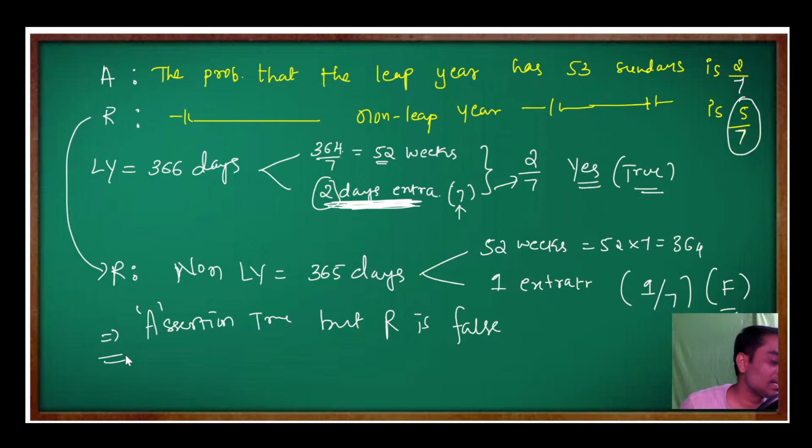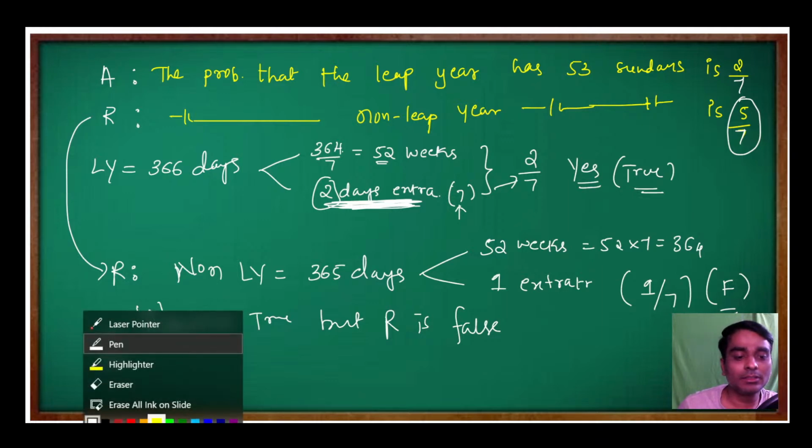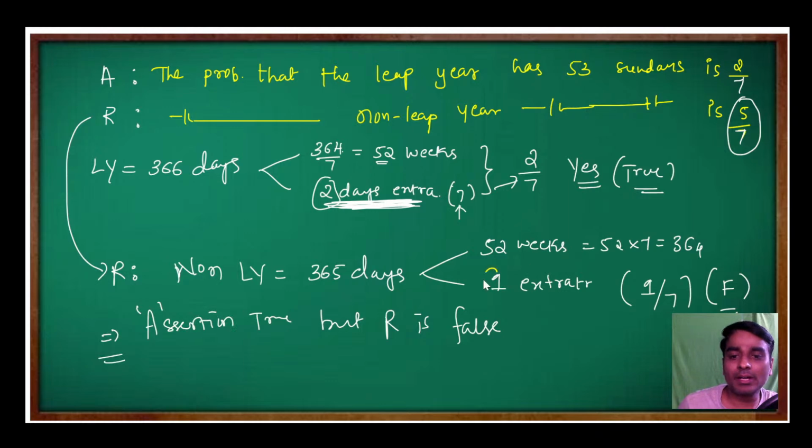Leap year questions are a little tricky. Clear everyone? Just say clear. If it is clear, tell me, I will go to next. This extra part you need to properly get it tested.